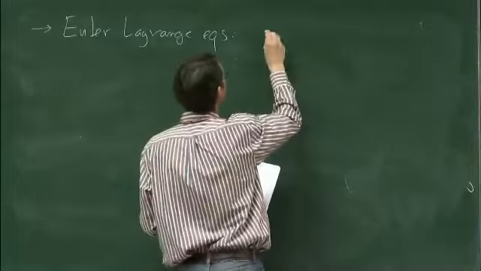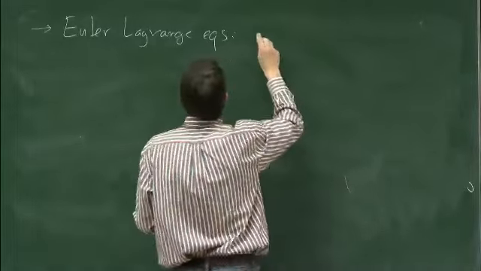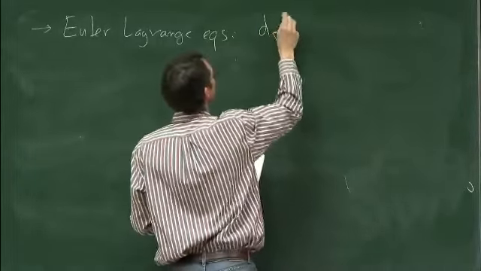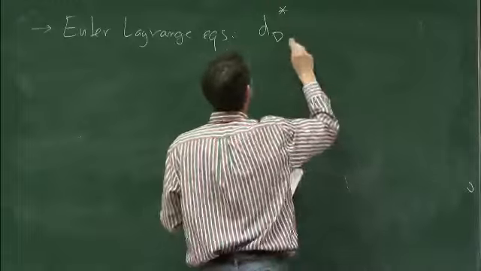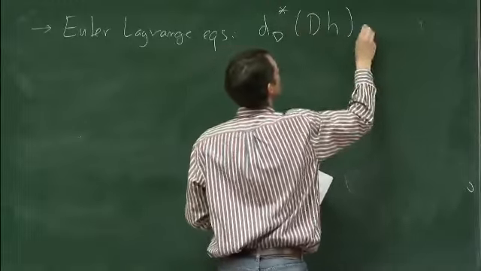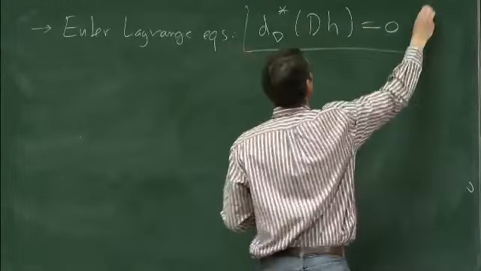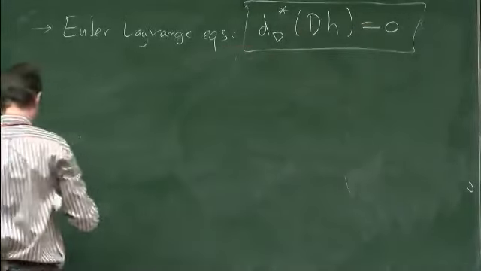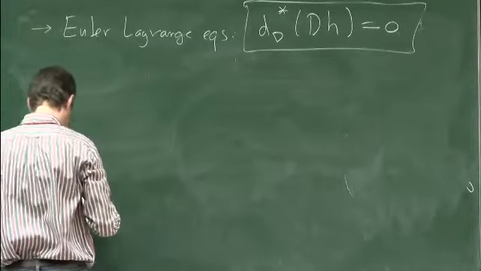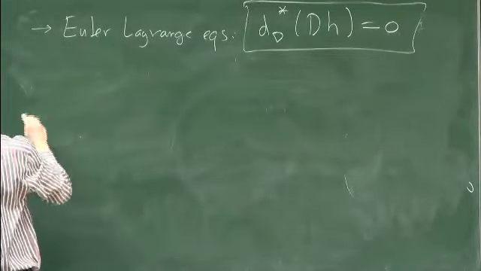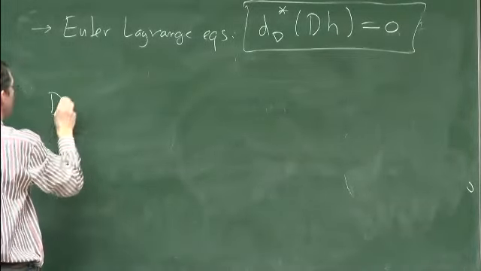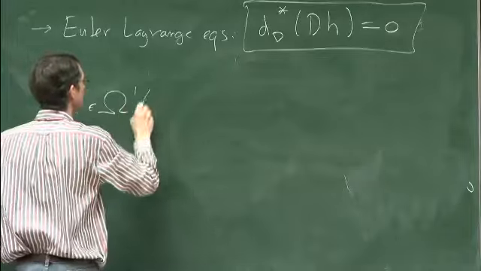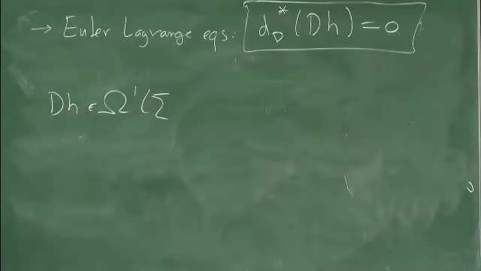So let me write down this: d naught plus star dh equal to 0, where I should explain what I mean by this d naught plus star.